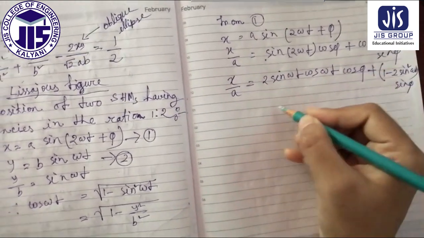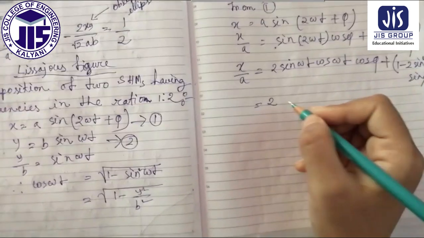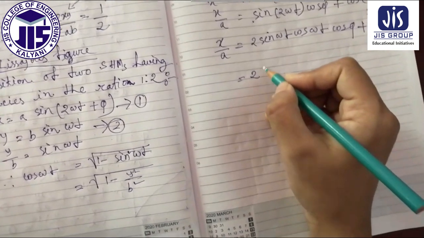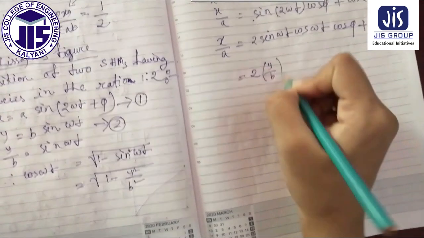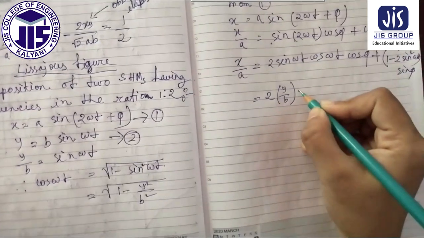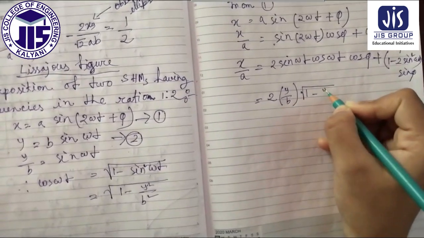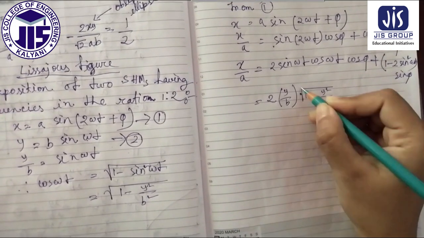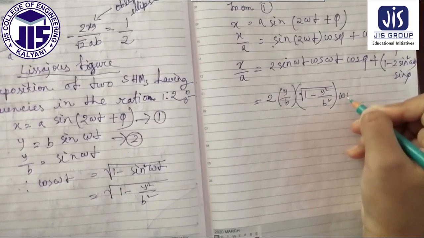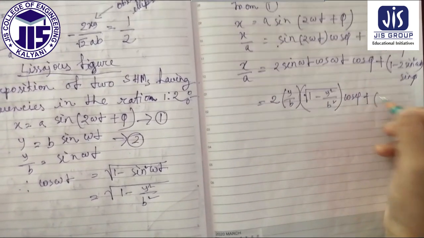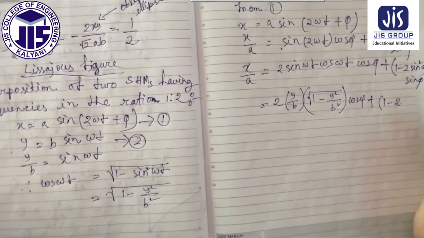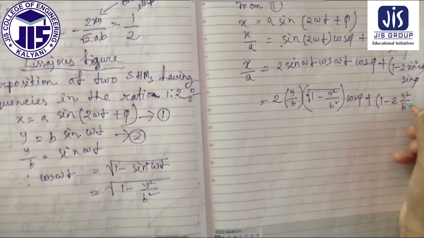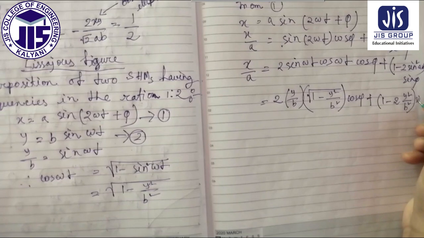Now if we put here 2 into sin omega t. Sin omega t means what we can write here? Y by b. And cos omega t equal to root over of 1 minus y square by b square into cos phi, plus 1 minus 2 sin square omega t, that is y square by b square, into sin phi.